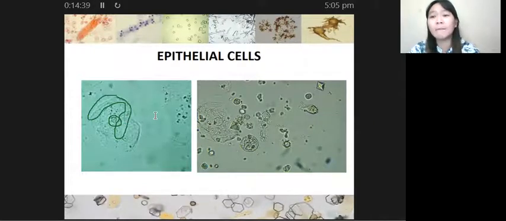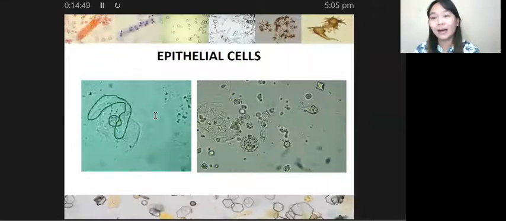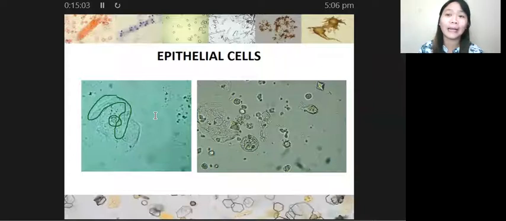In practice, you will know you are in focus when you see epithelial cells. That is a practical use of epithelial cells in microscopic analysis of urine. When you see an epithelial cell, since they are very common in urine, it means you are in focus.